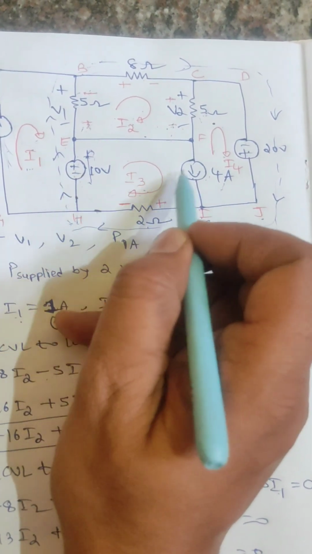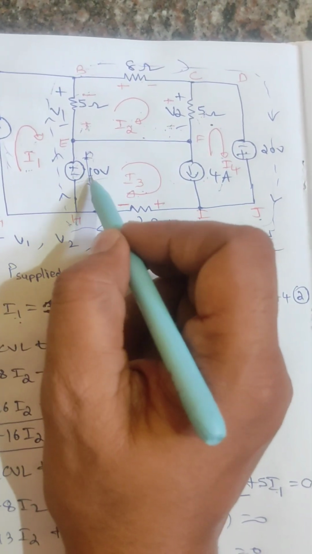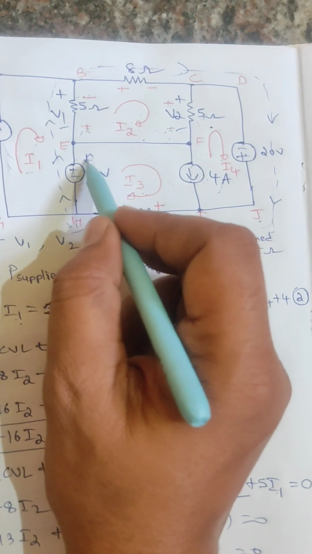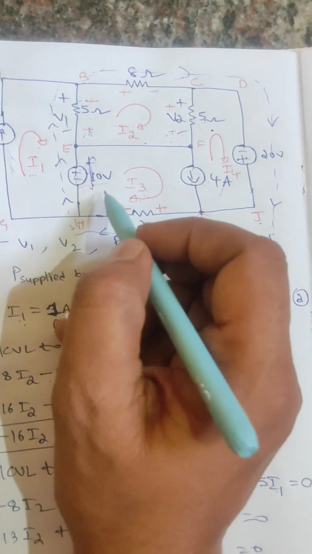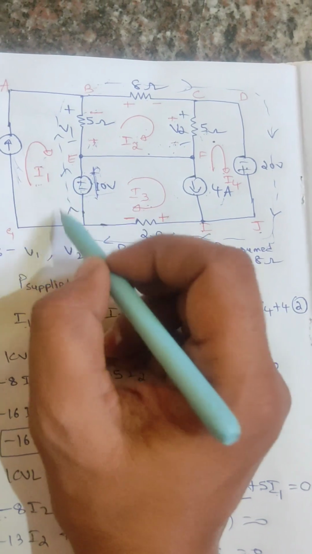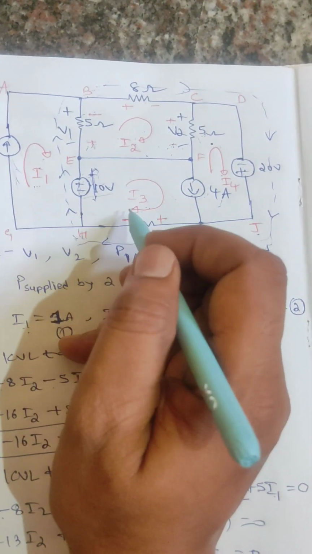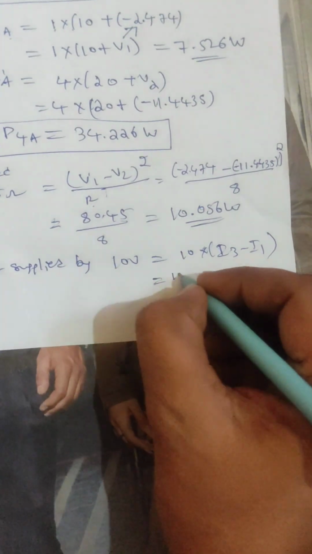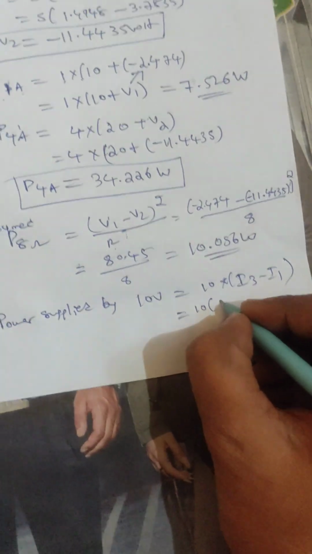So if I convert this voltage source to a current source, we get the current direction like this, upper arrow. That time both are the same. That's why we are writing I3 minus I1, not I1 minus I3. I3 minus I1. So 10 into, what is the value of I3?